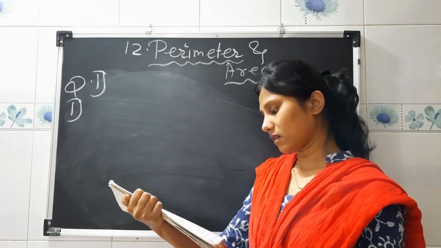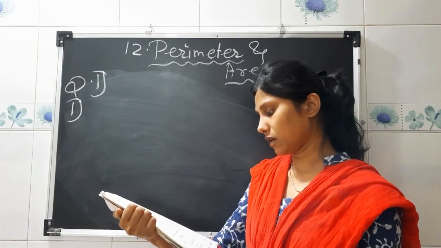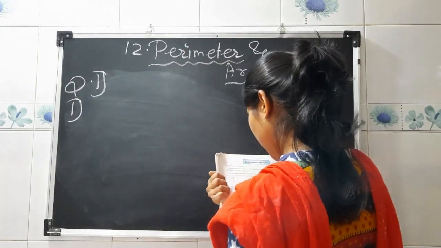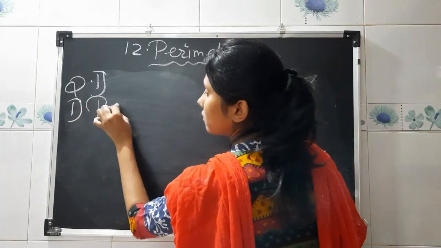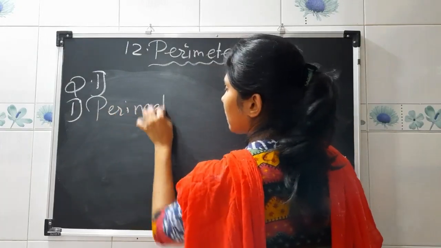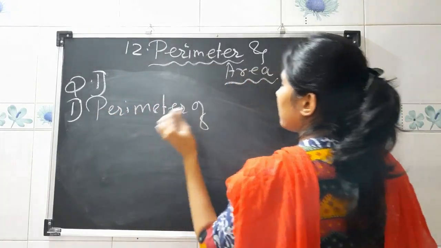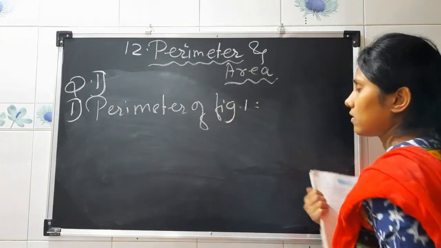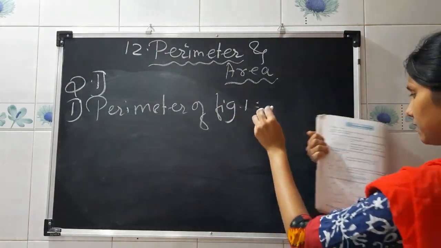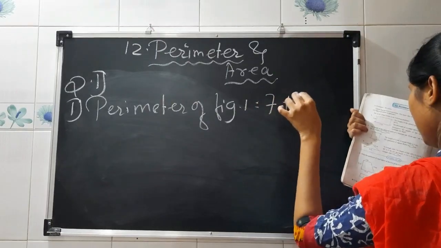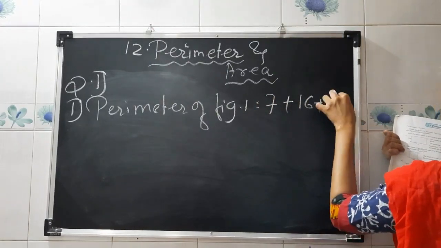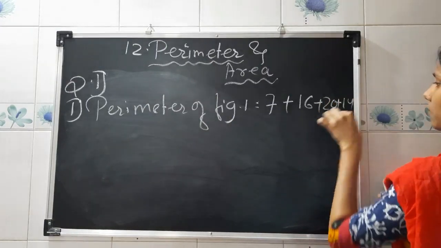We have to write the perimeter of each figure in the box given below. Perimeter of figure 1. You have to add all the sides. It is 7 plus 16 plus 20 plus 14.